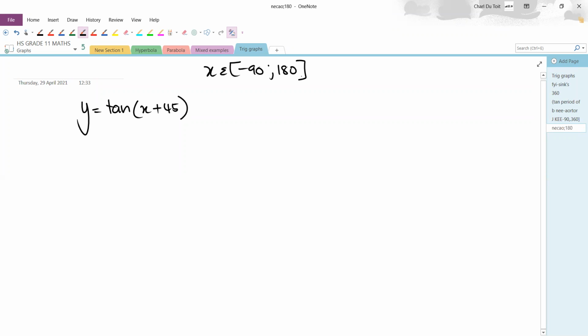Small graph. You can cheat on the calculator if you want to. The only problem with the calculator, it doesn't help you understand the graph. If you can draw it without the calculator, you can actually interpret the lines as well.